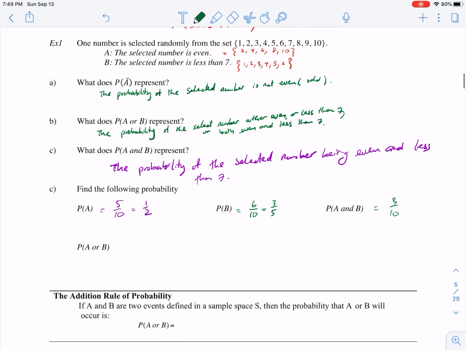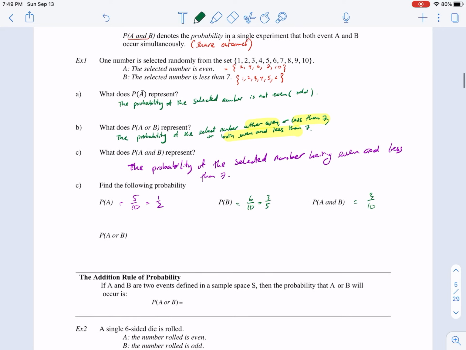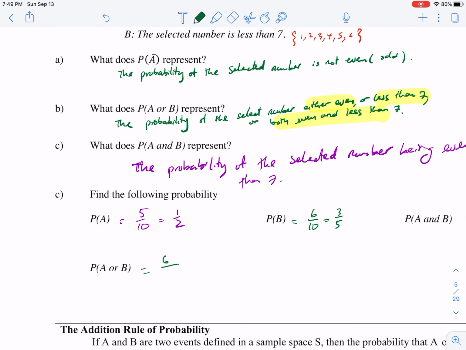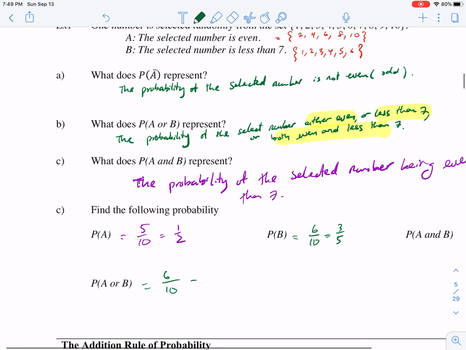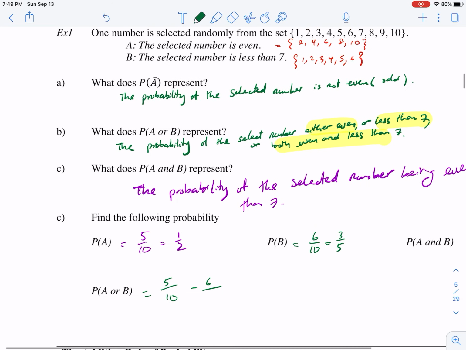So now we are ready to find the probability of event A or B. That means the probability that the selected number is either even or less than 7, or both even and less than 7. To look at the first scenario, either even, that's 5 even, sorry, and there are 6 less than 7.